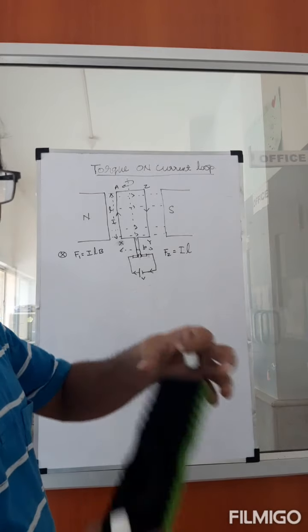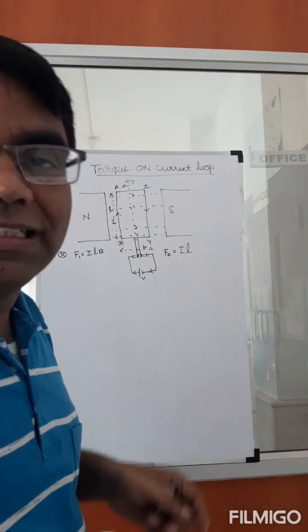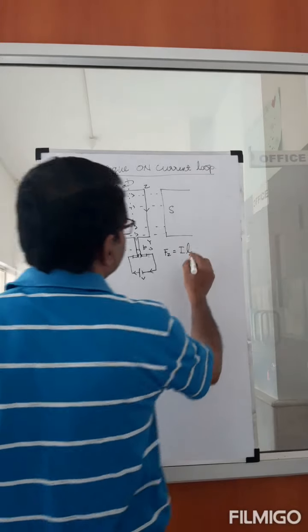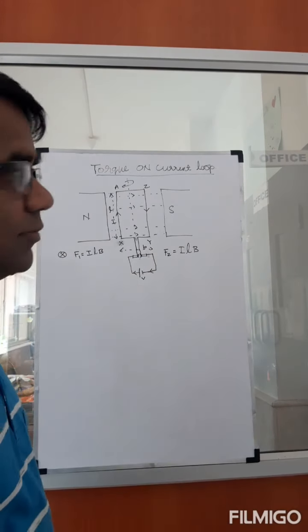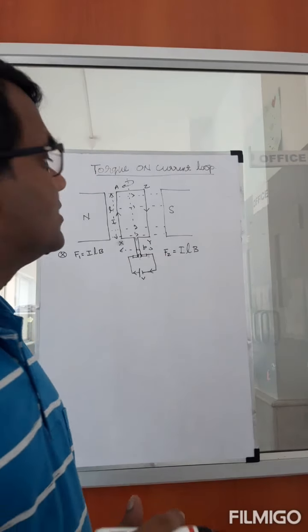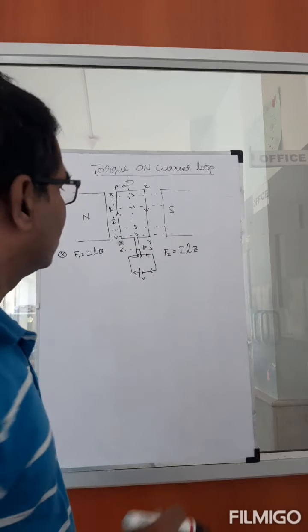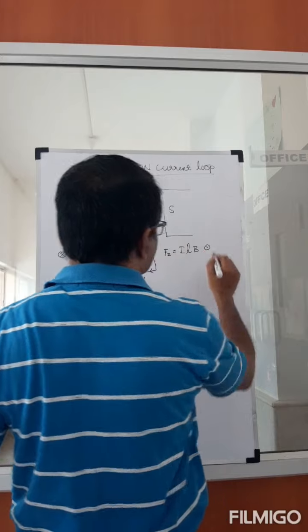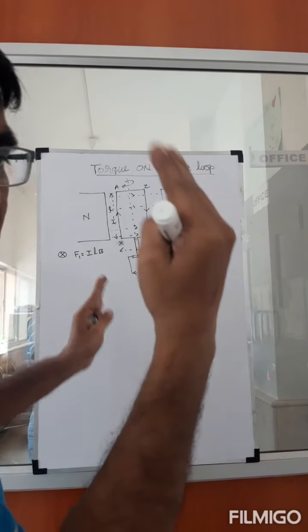It will make 90 degrees to the magnetic field whichever way it is, so the sine theta part becomes 1 all the time. F1 is equal to F2, but the direction will be towards you. So this is going to cause a rotation.